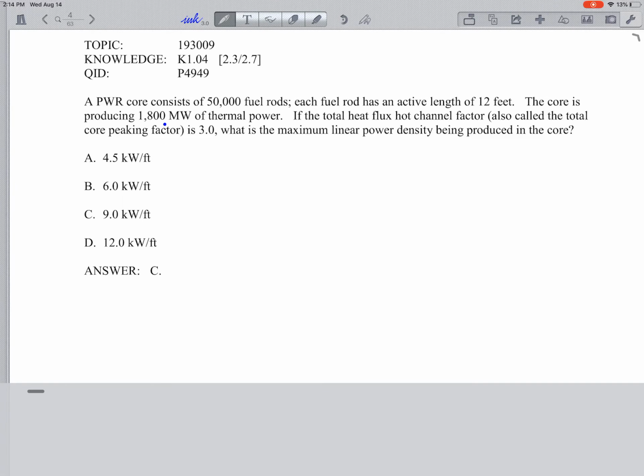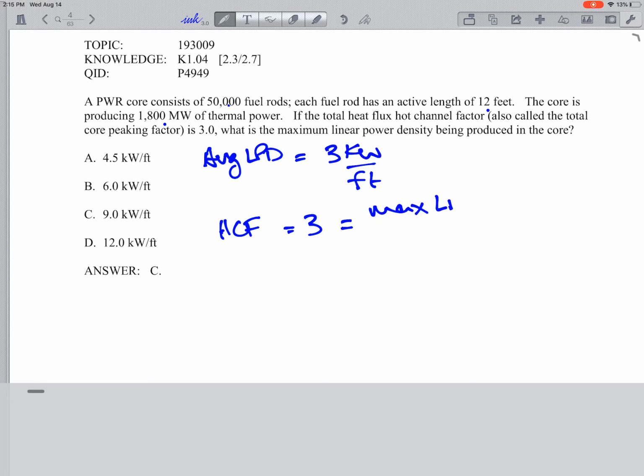And there's a third one just like it. Again, 50,000 fuel rods, 12 feet long, core is 1,800 megawatts. So we know average LPD is equal to 3 kilowatts per foot. And we know that hot channel factor, which equals 3, is also going to equal max LPD over average LPD.